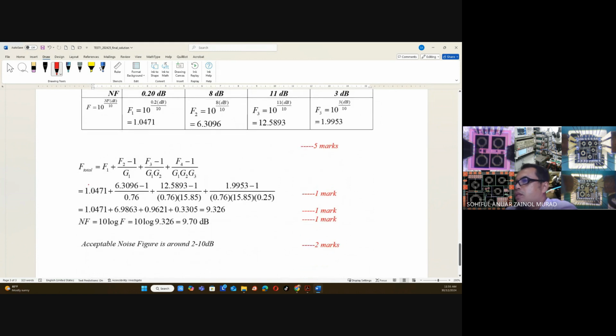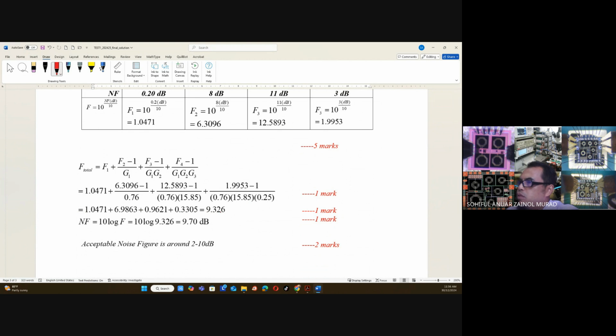The total noise is using this equation. We just substitute the values that we get from this table. So we get 9.326. So 9.326 is 1 mark. If you get this table all correct, you get 5 marks.